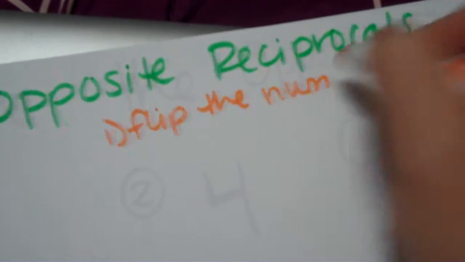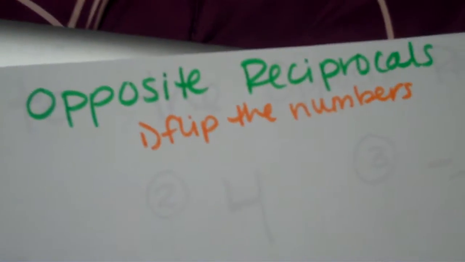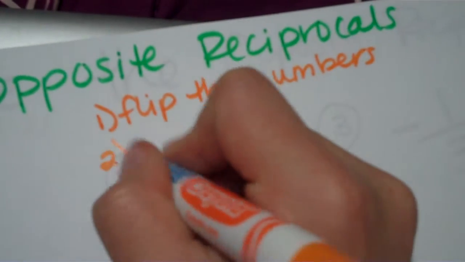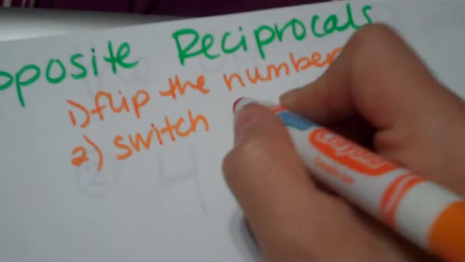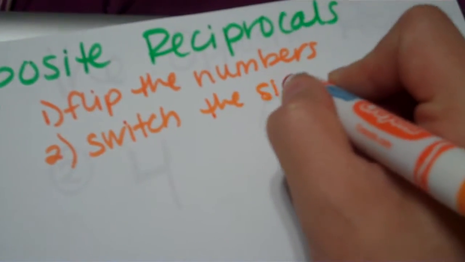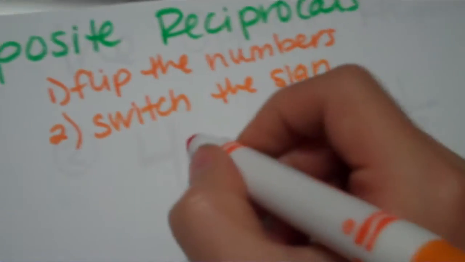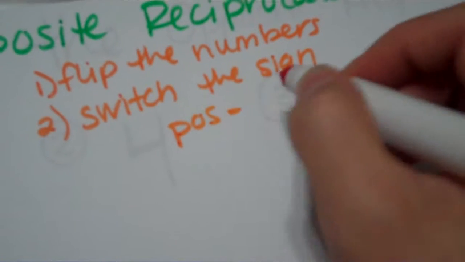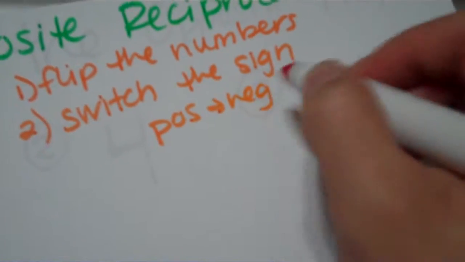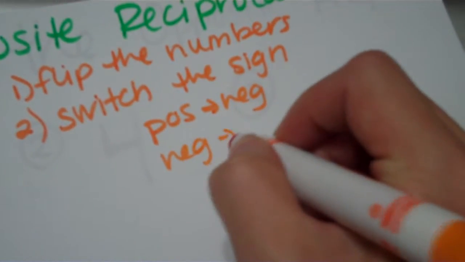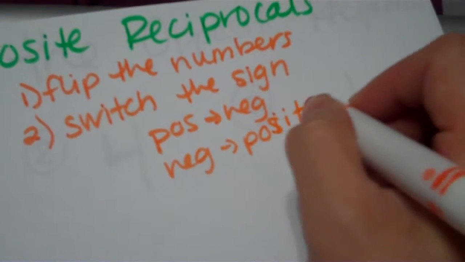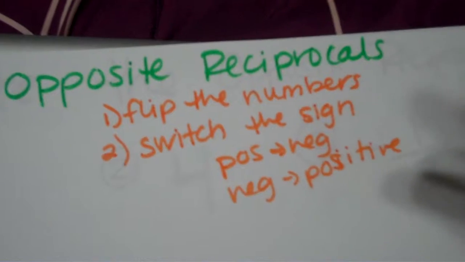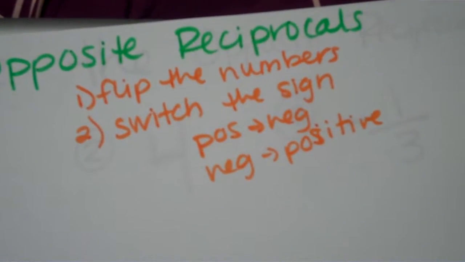And the second thing you do is you switch the sign. What I mean by that is if it's positive, you make it negative. If it's negative, you make it positive. Wow, I can't spell positive either. Look at that. So all you do is you flip the numbers and you switch the sign.